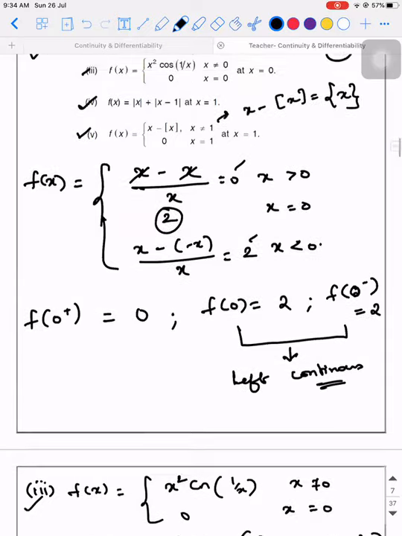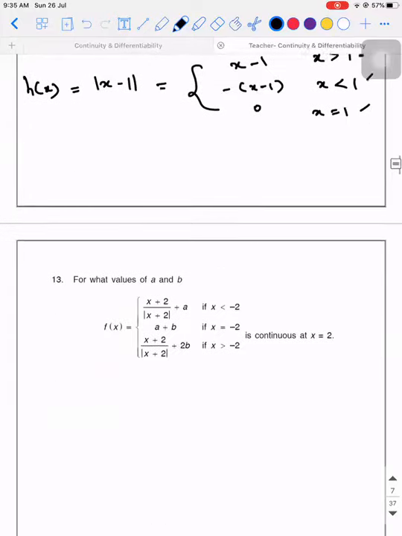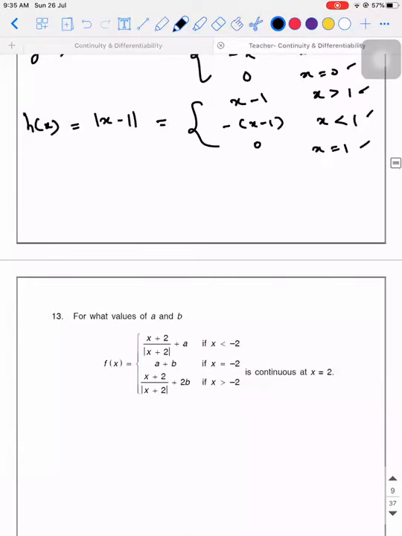Have you seen these kinds of functions? So how to do this? Is it continuous or discontinuous? I'll do it in a detailed way and show. Anyone who has solved, can you tell me?